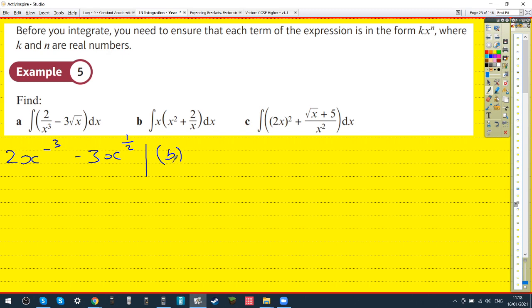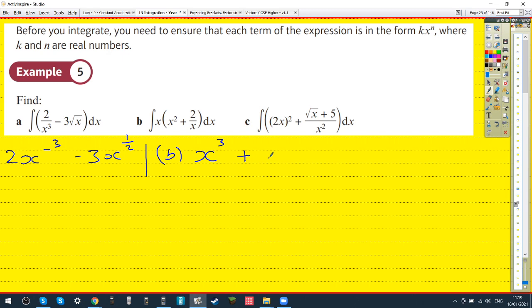How would you start B? Multiply x by everything in the brackets. What would you get? X cubed plus 2x. Wait, would you change the 2 over x to 2 to the minus 1?